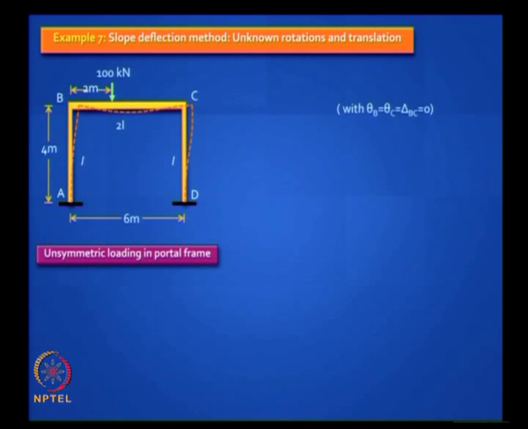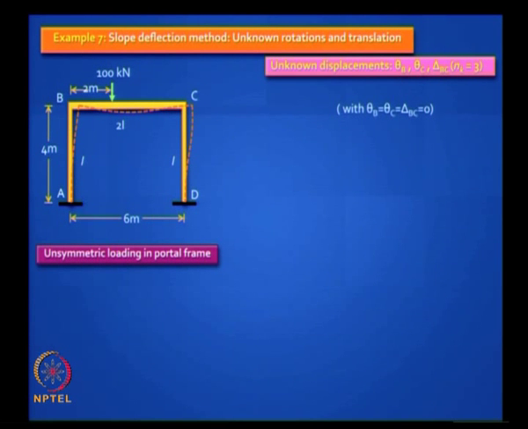Okay, this example where you have a portal frame with an asymmetric, unsymmetric load, right. First identify what are your unknown displacements, theta B, theta C, and you can call it just delta, or you can call it delta BC, because every point in that beam is going to translate by the same delta.